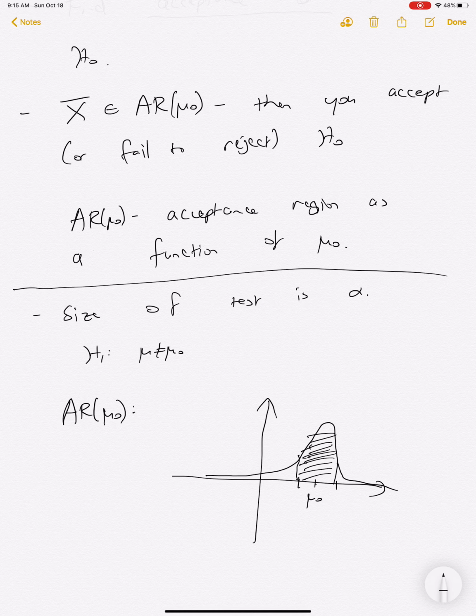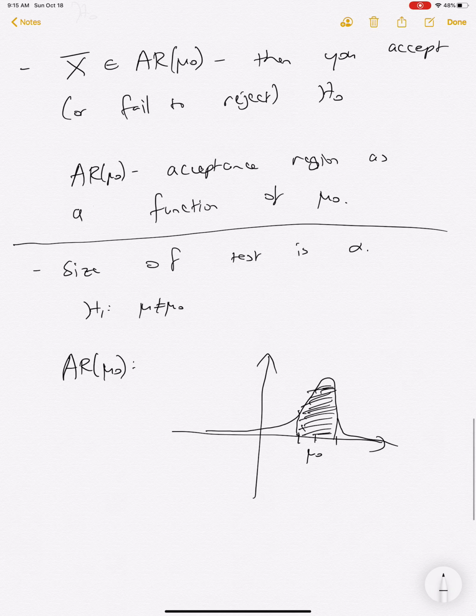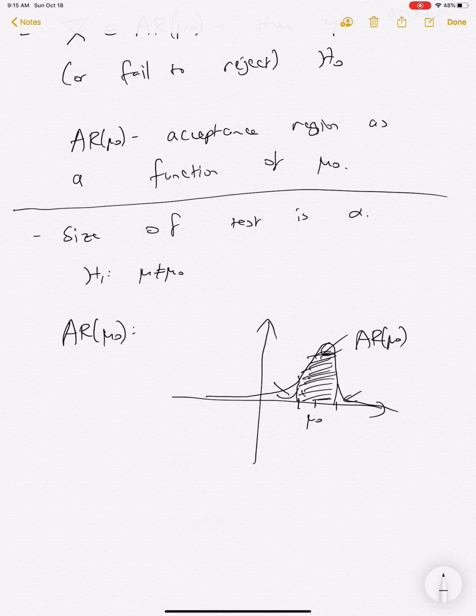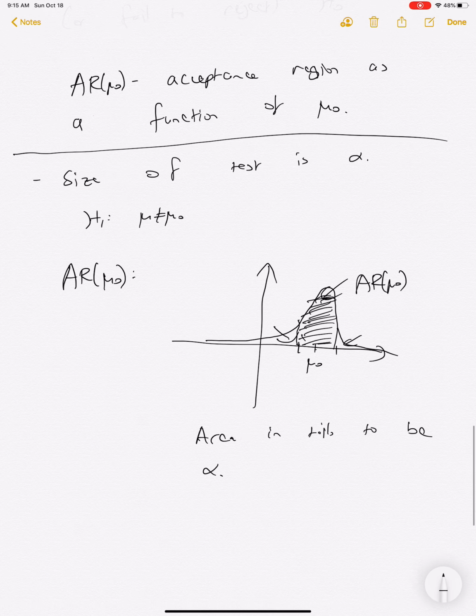Because it's two-sided, you'd expect it to be symmetric. These are going to be the two endpoints, and what you want is the area in the tails to be alpha.